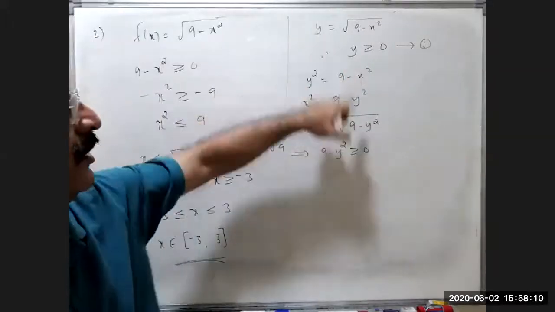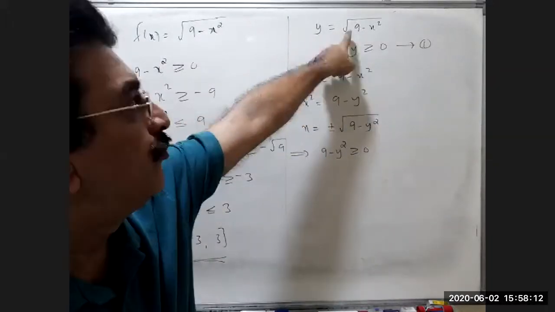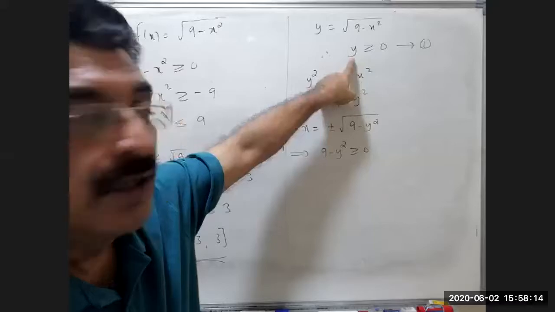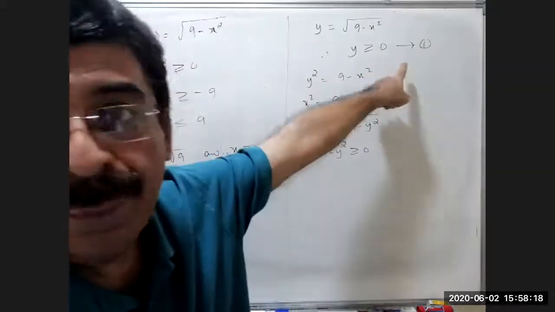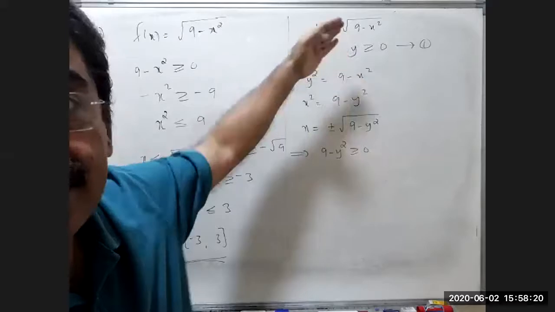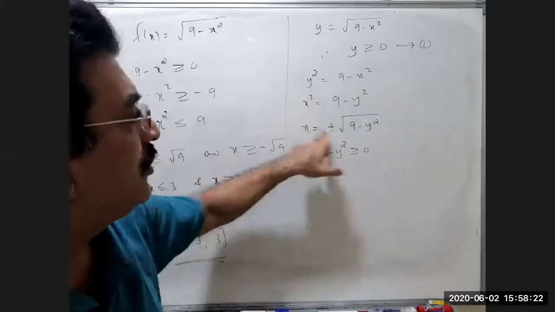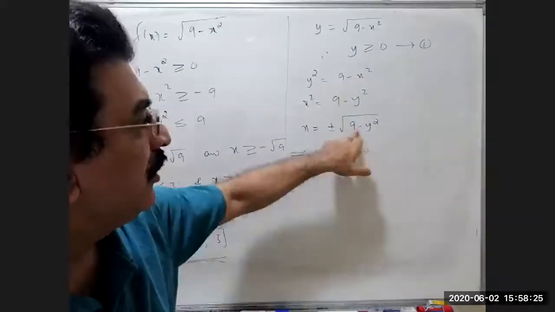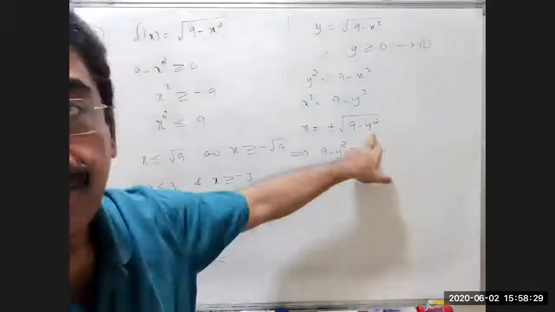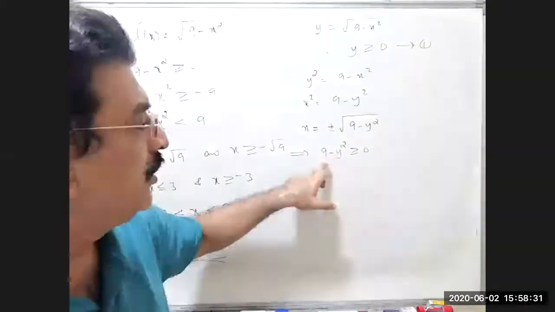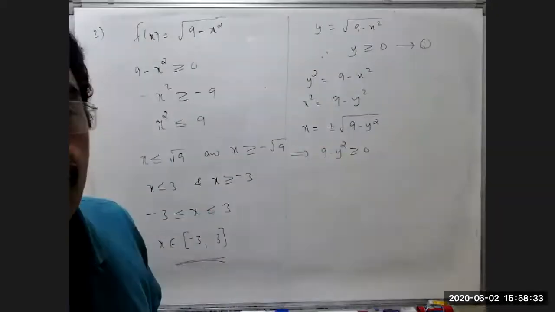For finding the range, first thing, a square root means it is positive. We have taken the positive square root for condition number 1. Then we write x in terms of y. Now see the condition 9 minus y square. Since it is coming under root, it should be greater than or equal to 0.